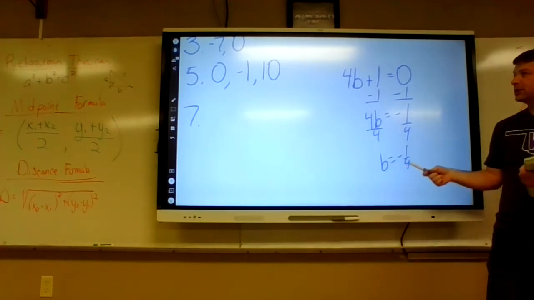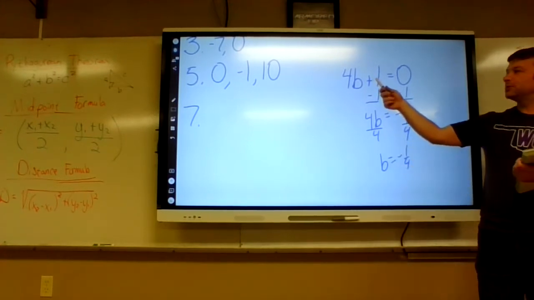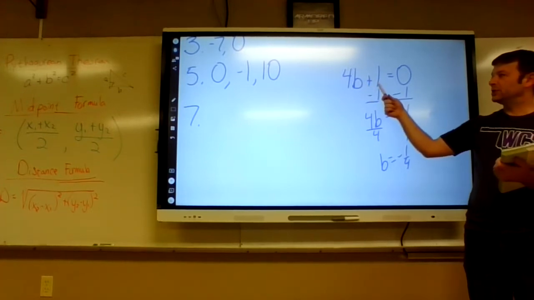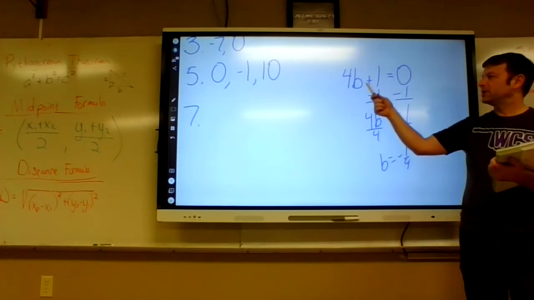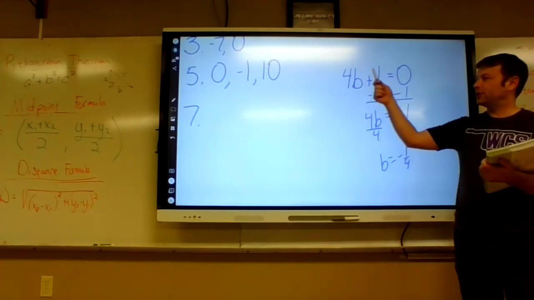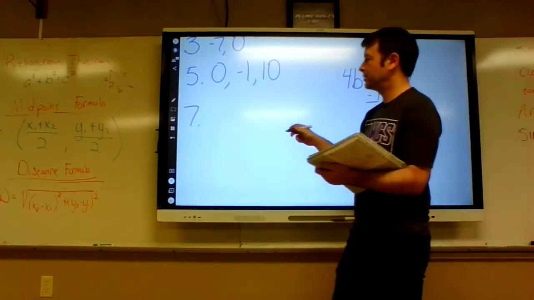Negative 1/4. So you just do negative 1 over 4. You guys see how it goes? Instead of just negative 1, it's negative 1 over that, negative 1/4.